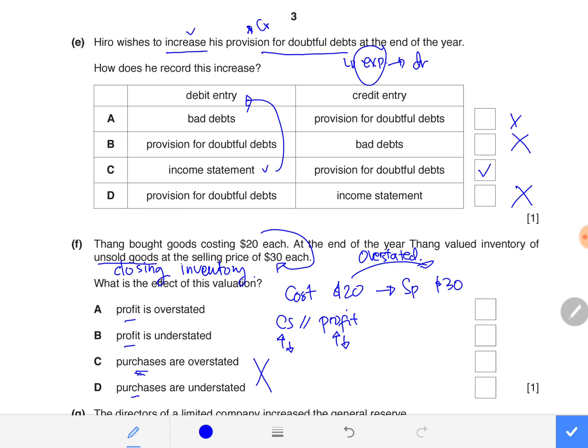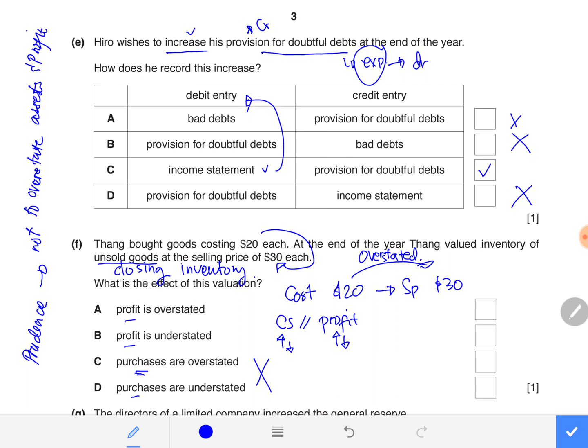If we are talking about inventory, we are talking about the prudence principle. Prudence is not to overstate assets and profit.